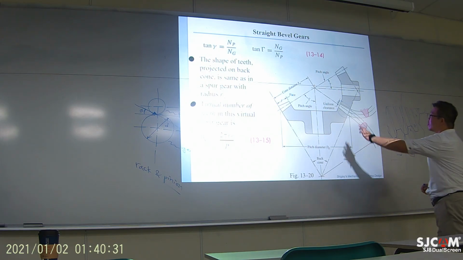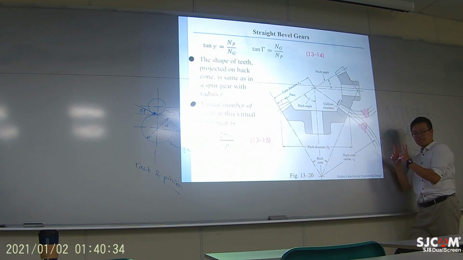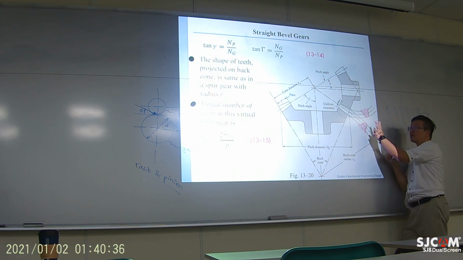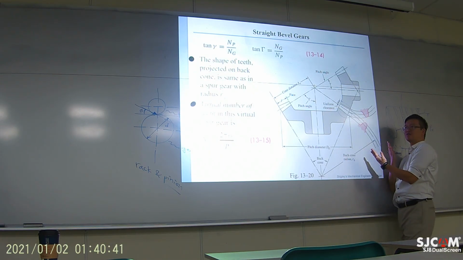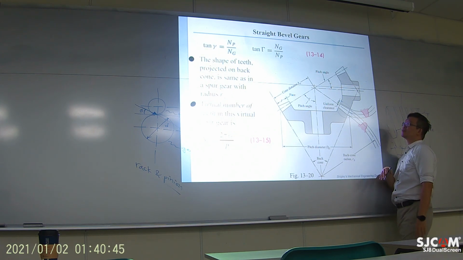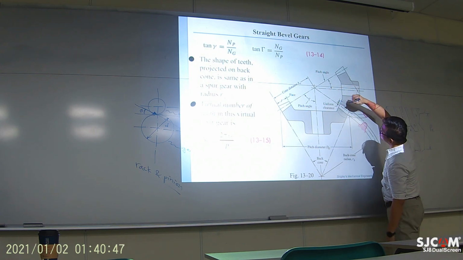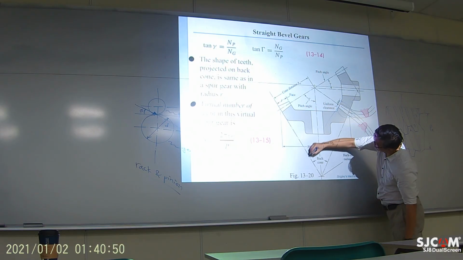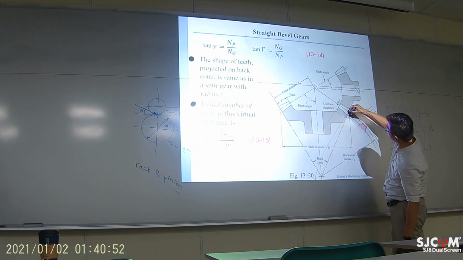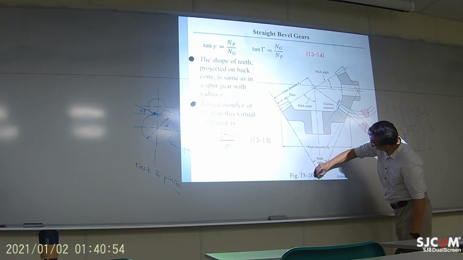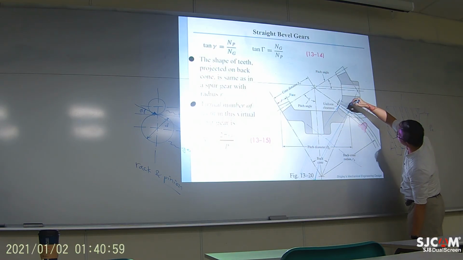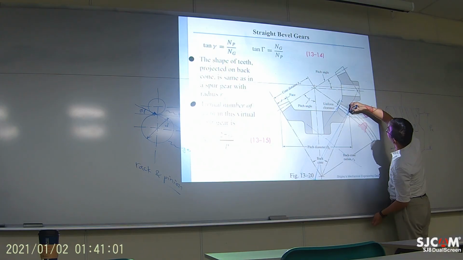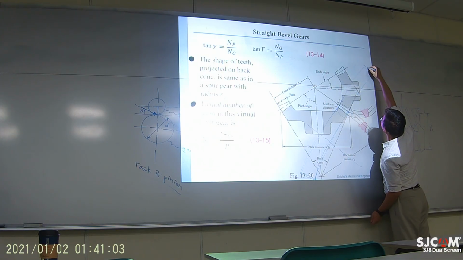Whenever the teeth are mating with each other for the bevel gears, right here the profile shape still looks like a spur gear. So you can imagine there is actually a virtual spur gear right here. Central axis is right here, and there is another virtual gear right here.